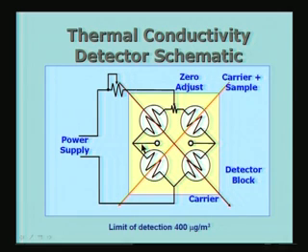and therefore these two filaments will be at slightly higher temperature, and immediately you see that an imbalance will be set up between these two terminals and an imbalance voltage will appear here. There is also a zero adjust, because all these four may not be exactly identical. When all the four elements are exposed to carrier gas, there should be exactly zero output here, and this can be adjusted by the zero adjust.